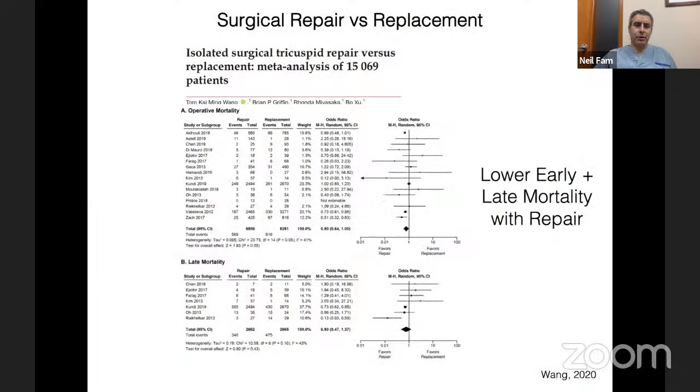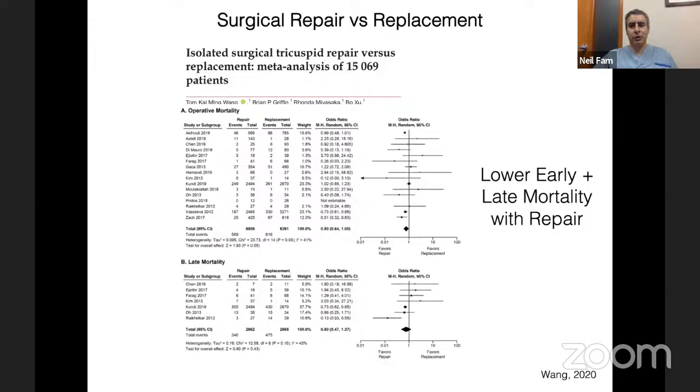So what do we know from surgery? There have been a number of meta-analyses done comparing surgical repair, mainly annuloplasty, to replacement. And although these are not randomized patients, this is all registry analyses with inherent biases.